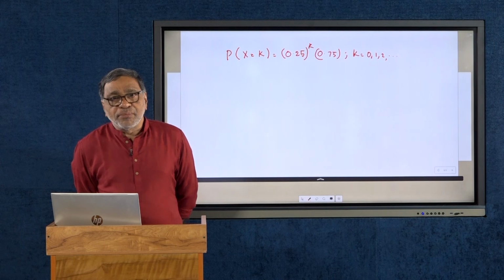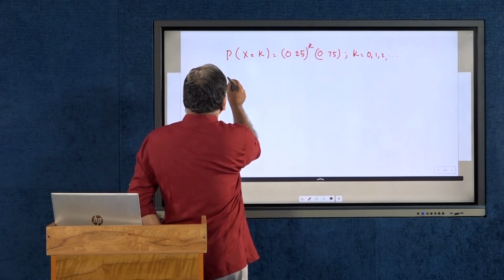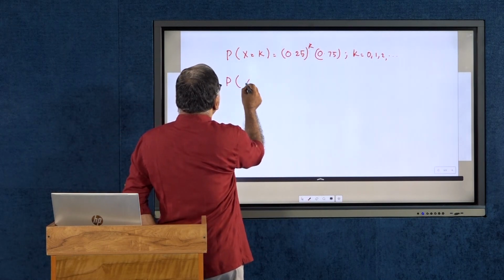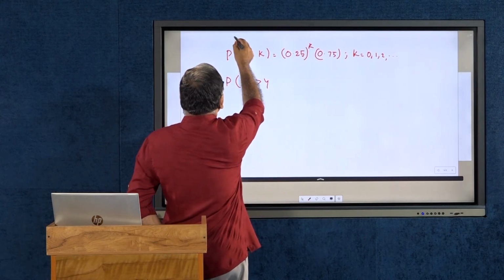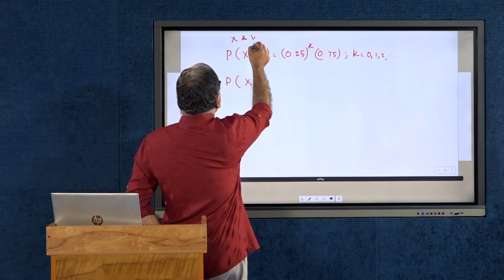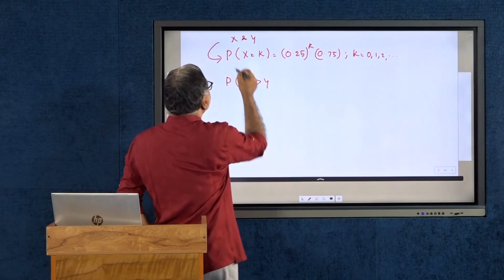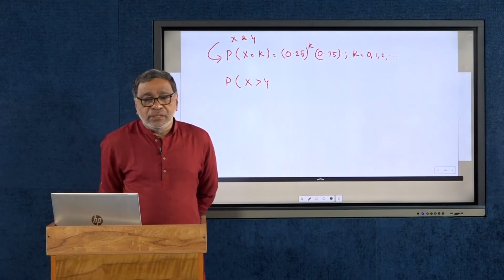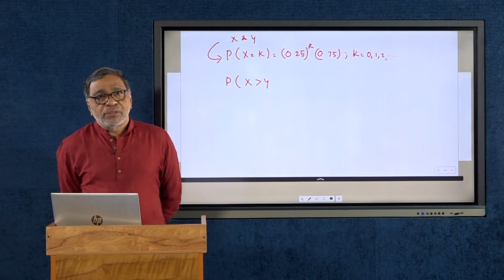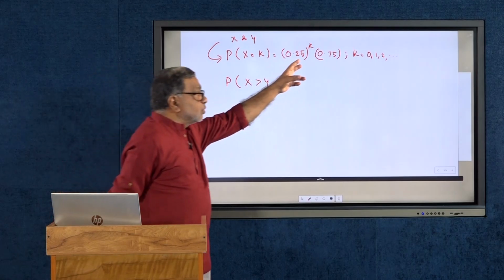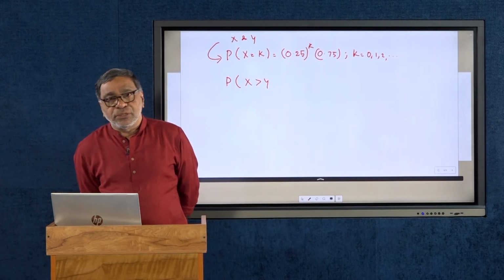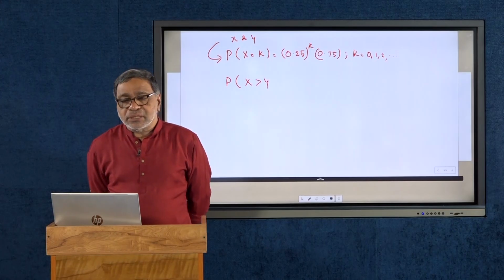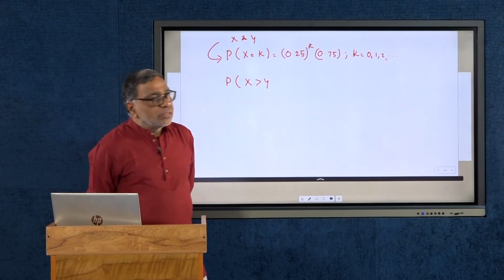Our problem is to find the probability of X greater than Y, where X and Y have the same probability mass function and are independent also.